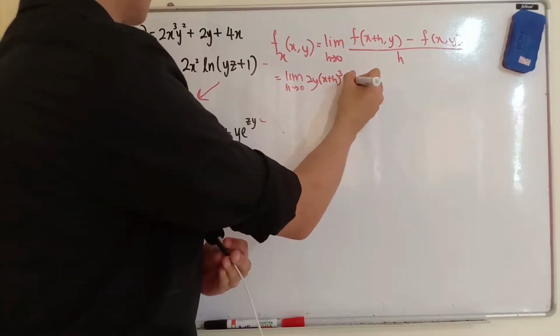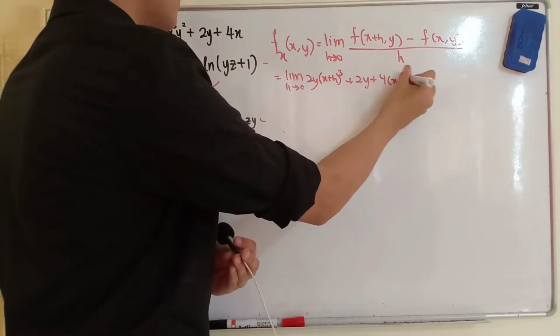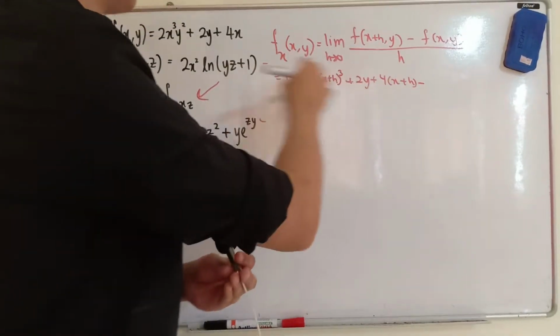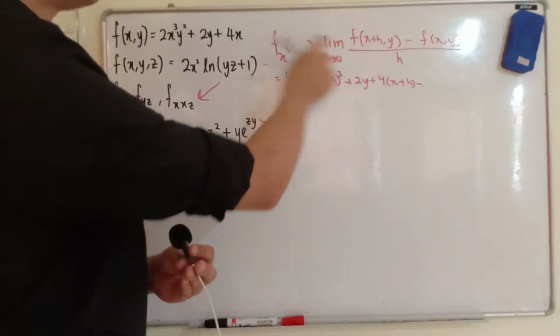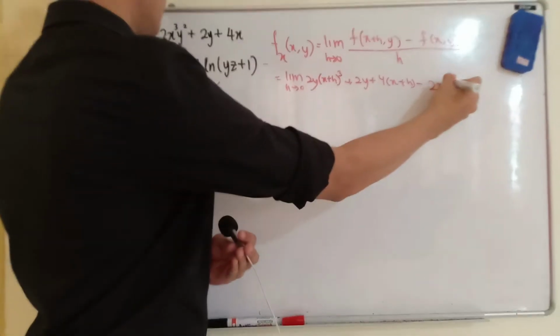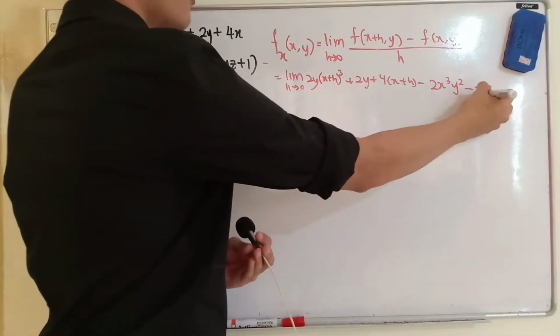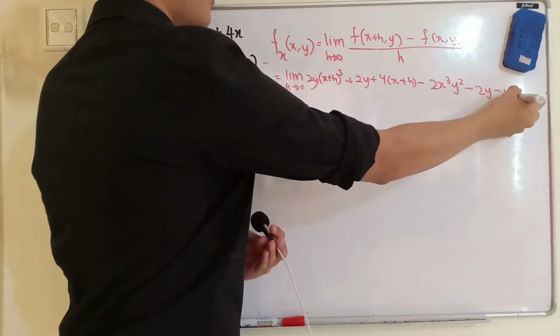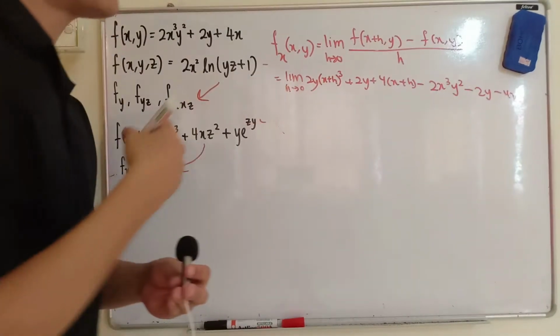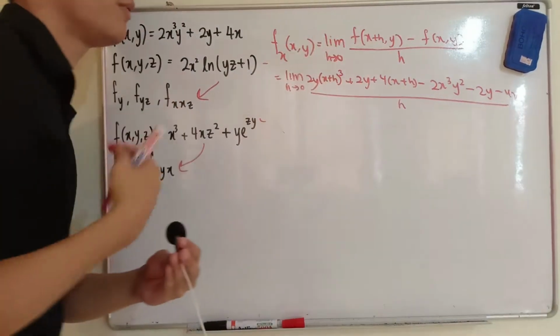And then plus y plus 4(x plus h), minus the function, which is 2x cubed y squared minus 2y minus 4x over here. Then over h, obviously over h.